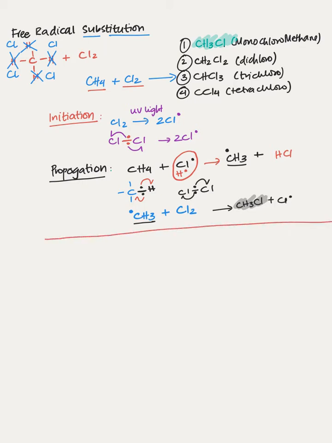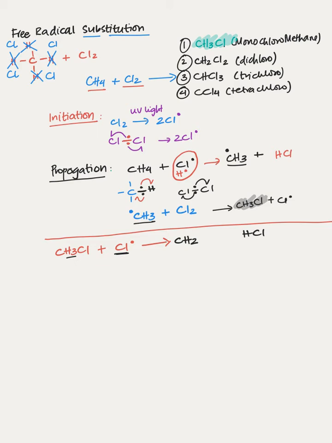So after you get monochloromethane, this CH3Cl joins with another Cl radical. And one of the hydrogens has to be broken off now. It has to be removed. And when the hydrogen is broken off, it forms an H radical which instantly joins with this Cl radical to give HCl. And one of the three hydrogens has been lost.